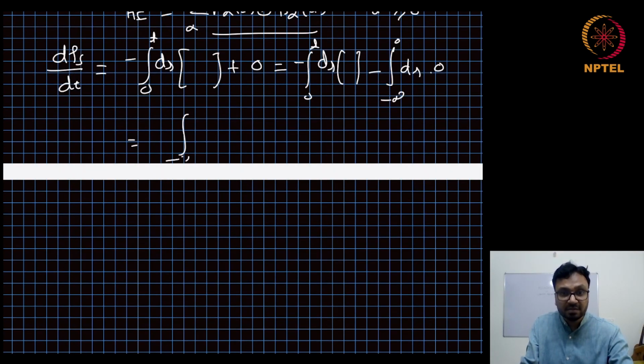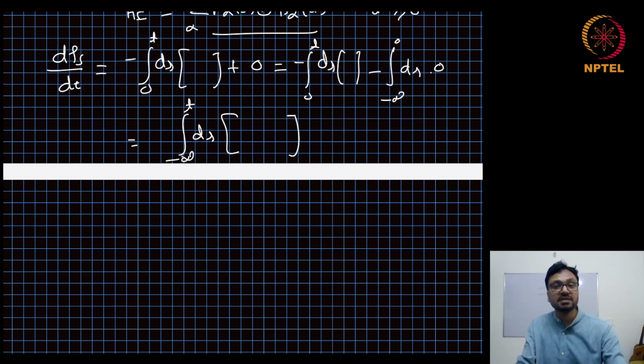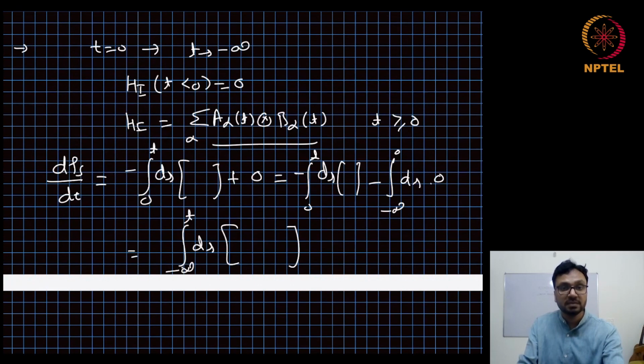We can write it as the integral from minus infinity to t ds of the expression in terms of the interaction Hamiltonian H_I, and H_I is given by these two conditions: it is 0 before t equals 0, and it is given by this expression for t greater than or equal to 0.